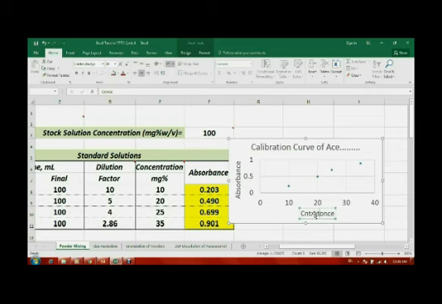Now, please use Excel options to add the trend line. Remember, the trend line should be linear. Keep in mind that we will need the trend line linear equation, and also please display the R square.